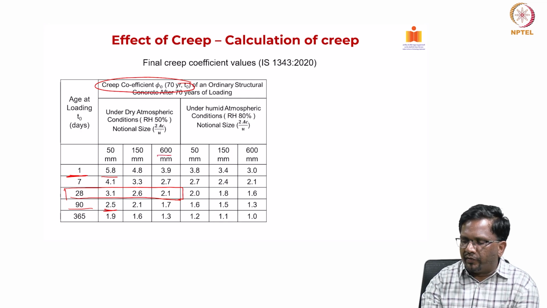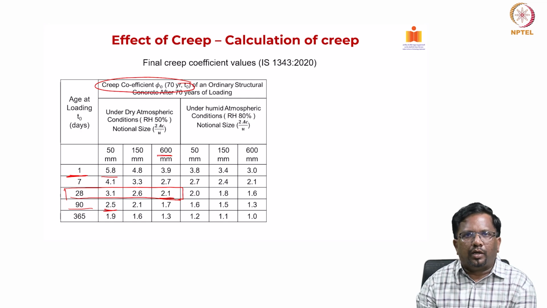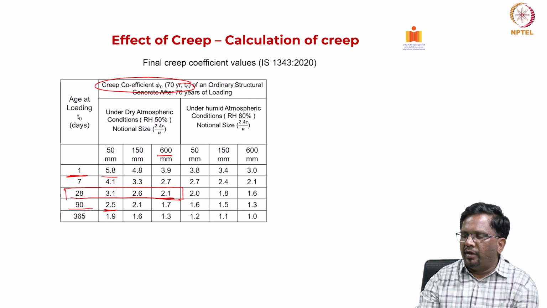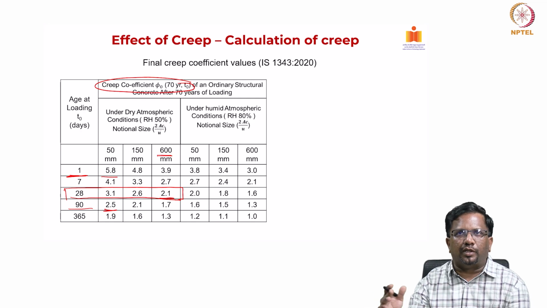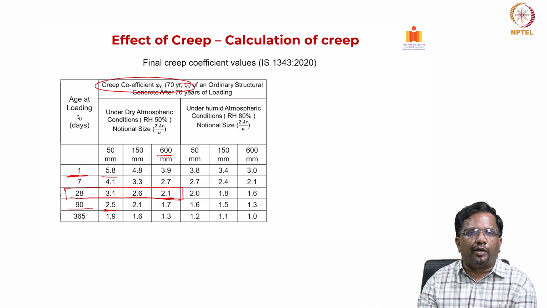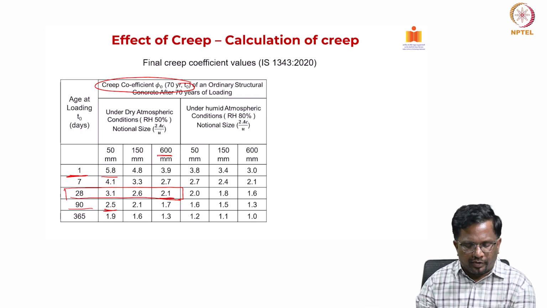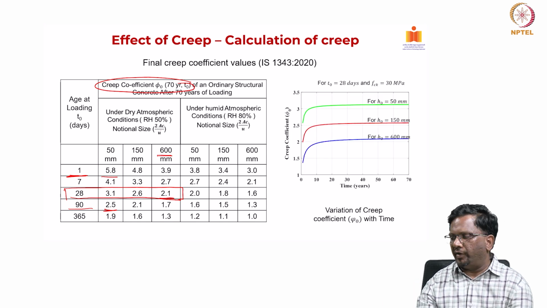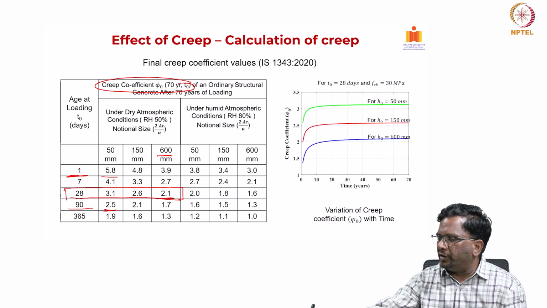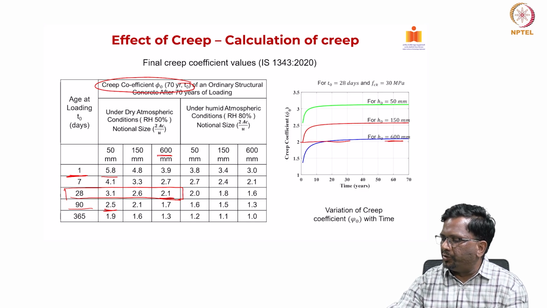Higher the H naught value, lesser will be your creep coefficient. Again, these values have been given for, one is for dry weather condition, another one is for a humid condition. You can interpolate depending upon the relative humidity that you have. So, this table directly gives you phi naught. You can see here, higher the volume to surface area, less will be the creep, it is only 2.